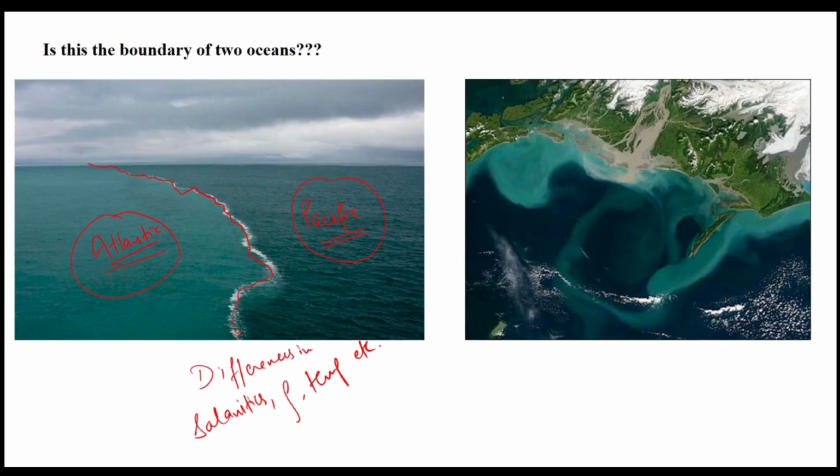So whenever the river is outflowing into the oceanic water, you see that a sediment plume is forming. It is similar to the mantle plume, if you have heard about it.